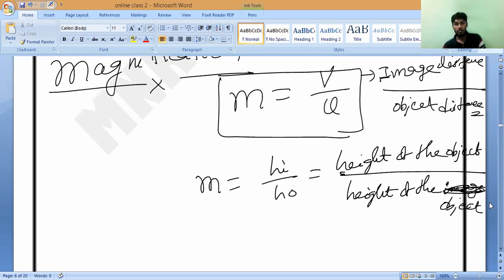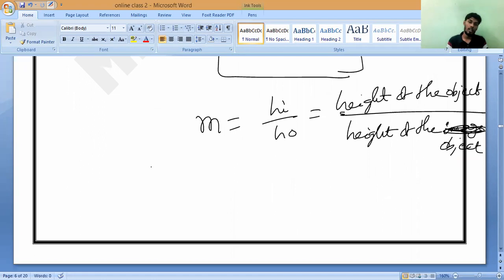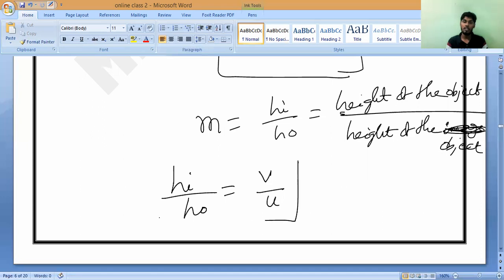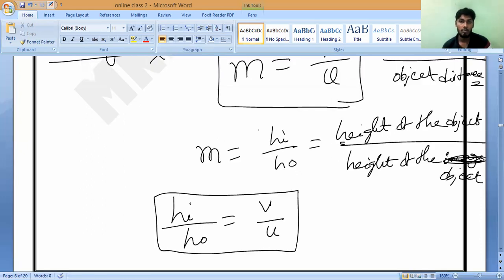So from this I can compare the 2 equations and write height of the image divided by height of the object equals image distance divided by object distance. Is it yes or no? Yes, sir. That is what you should remember. Write down all of you. Till here, note it down, and if you have any doubt, you ask me. Everybody must do it.